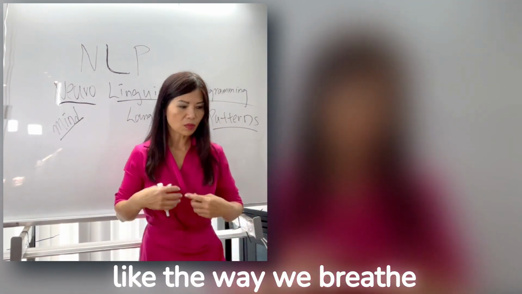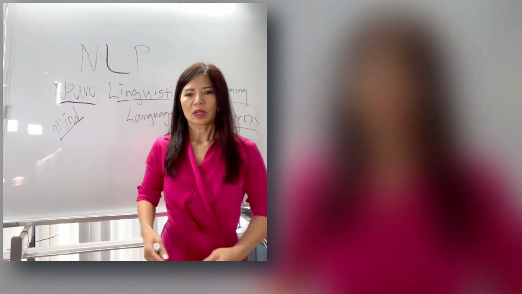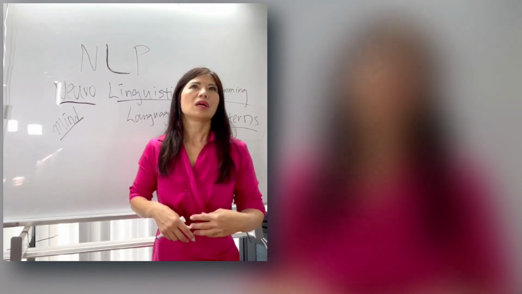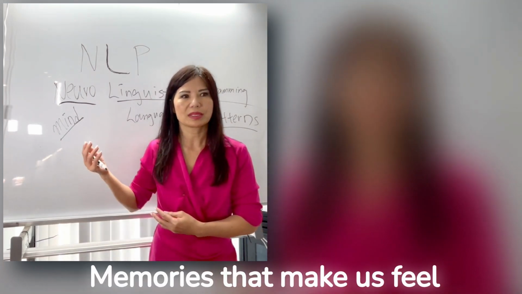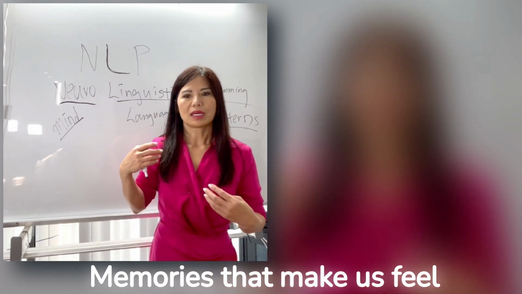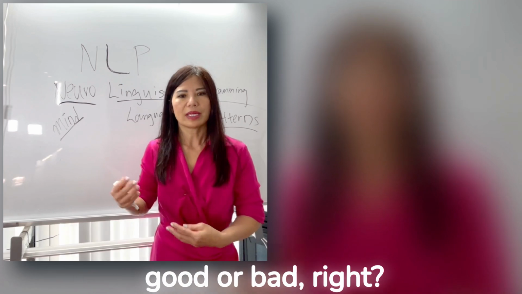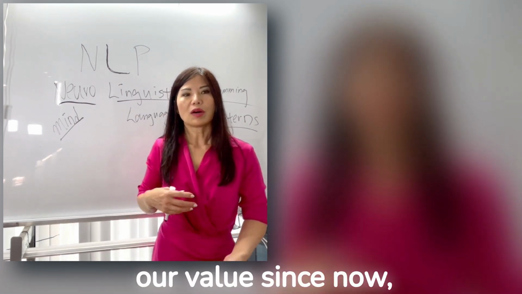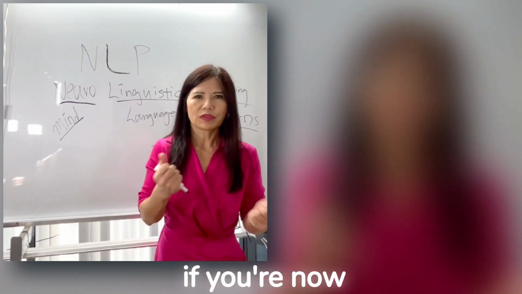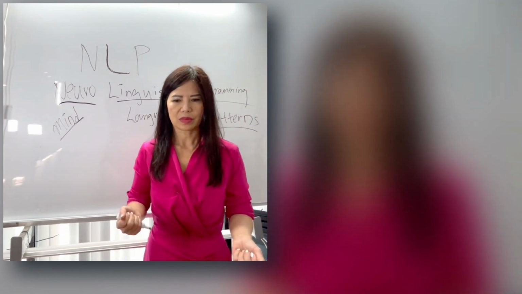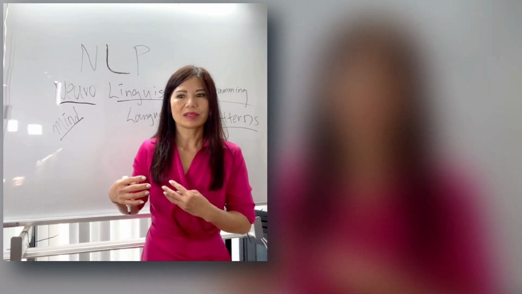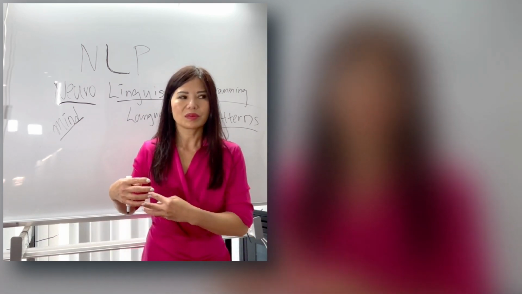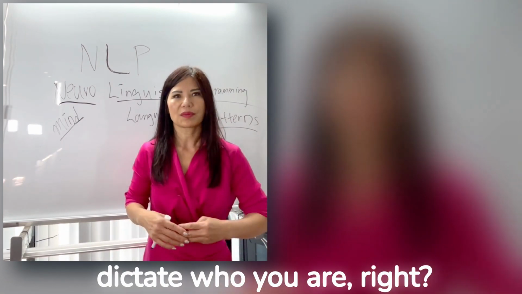For example, the way we breathe. We think of something in the past, memories that make us feel good or bad. And certain things, our values, as an adult, certain things dictate who you are.